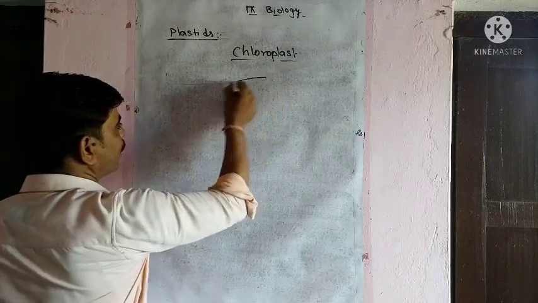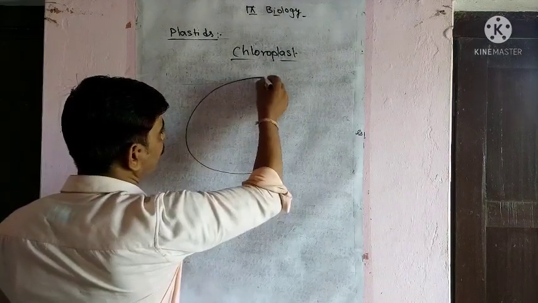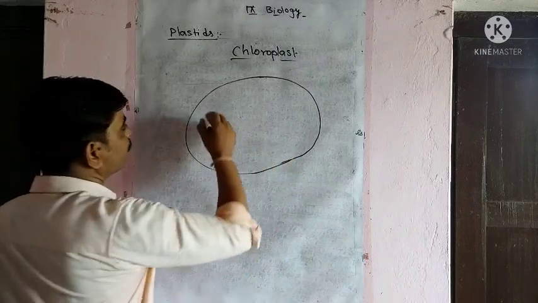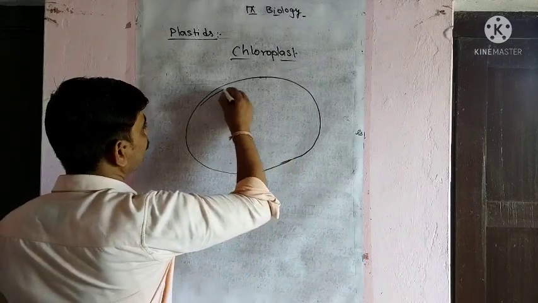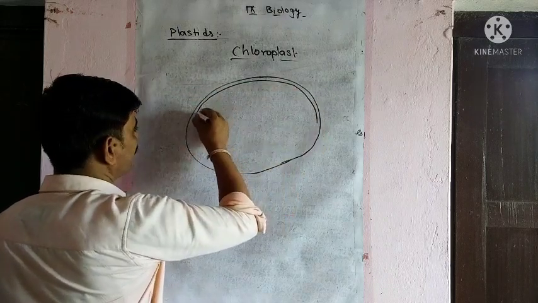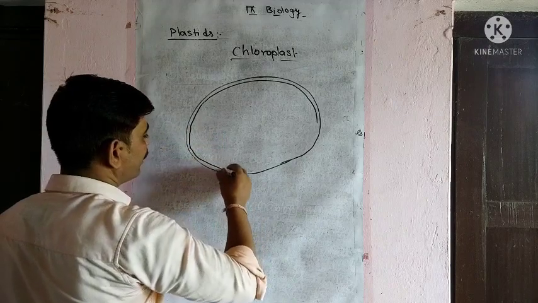Like mitochondria, they are also enclosed in a dual-layer membrane, a bilayer membrane, the outer membrane and the inner membrane.